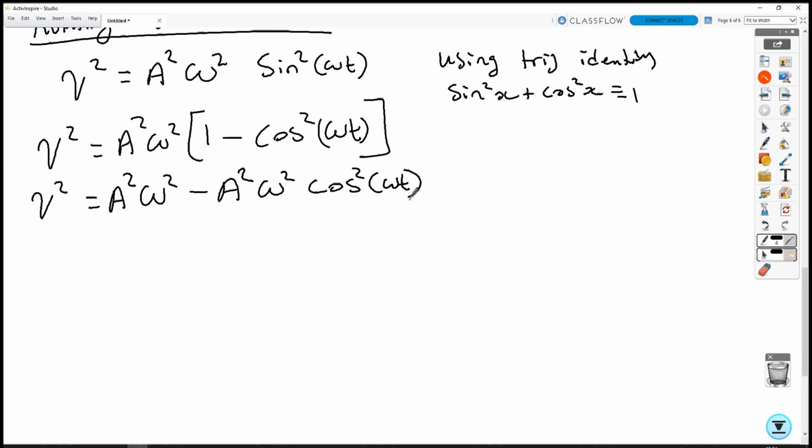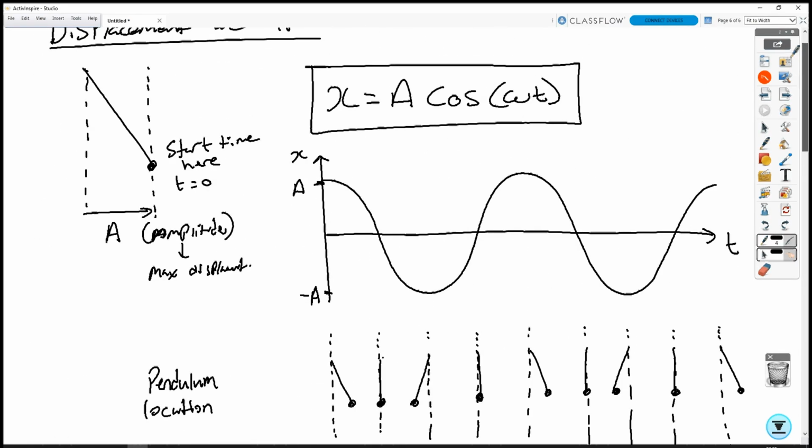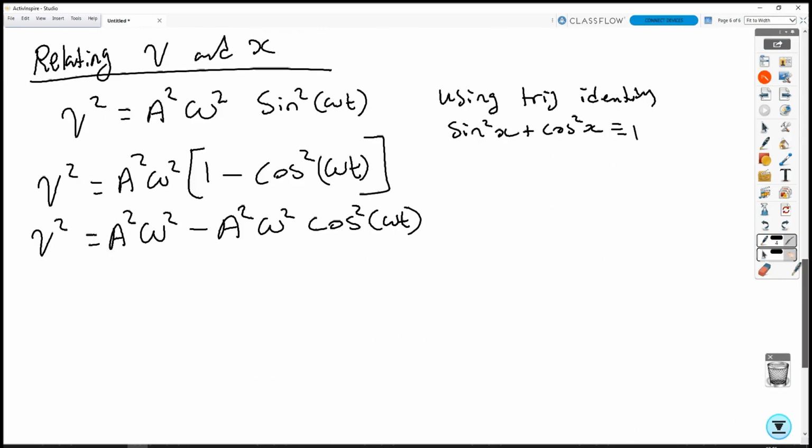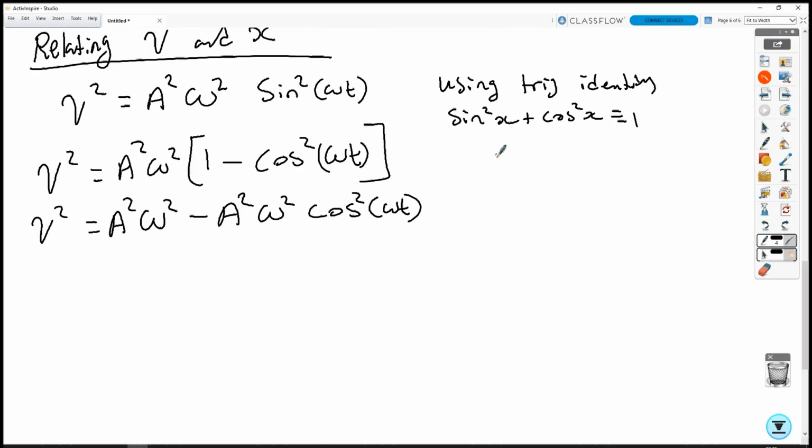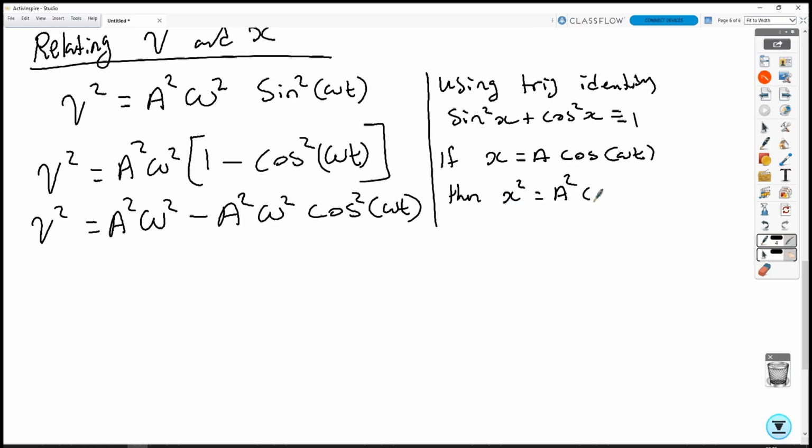Now this second term, A squared omega squared cos squared omega t, looks fairly similar to something that we know, which is up here. So let's write it on the side here. If x equals A cos omega t, then x squared equals A squared cos squared omega t.